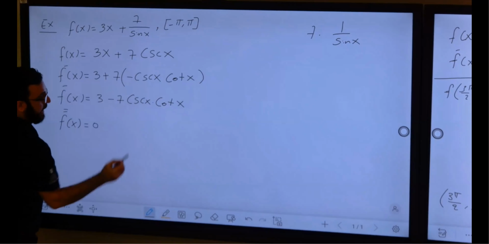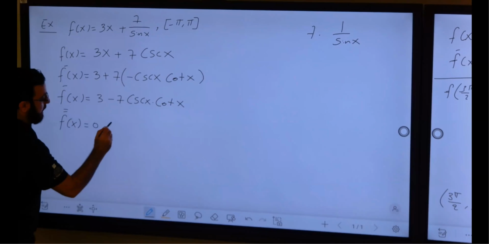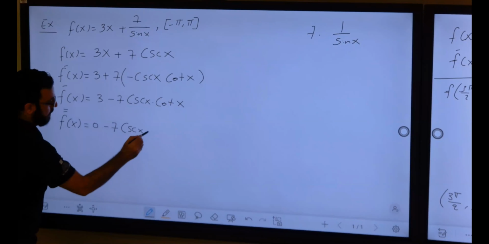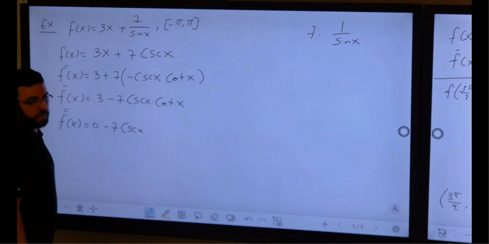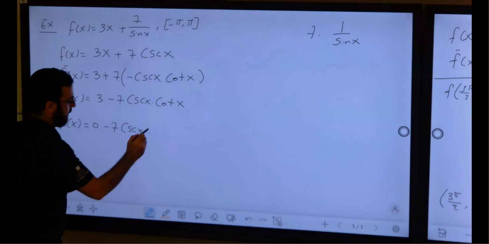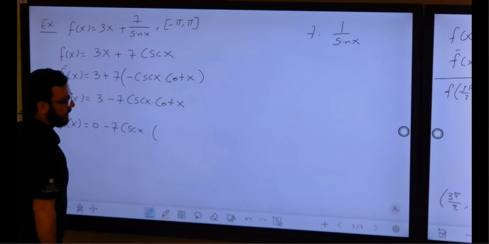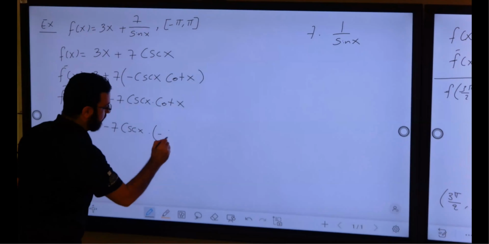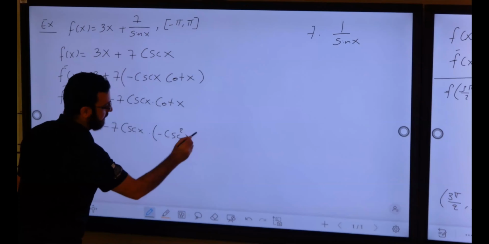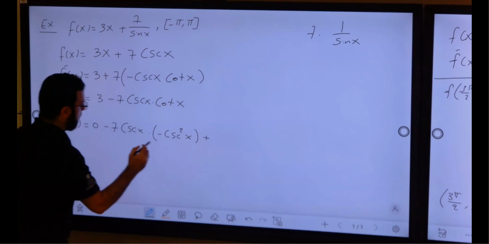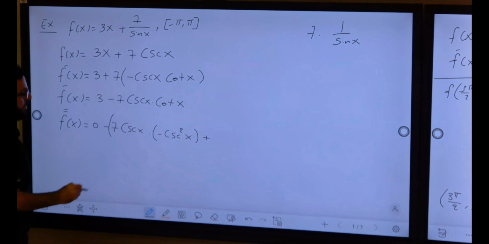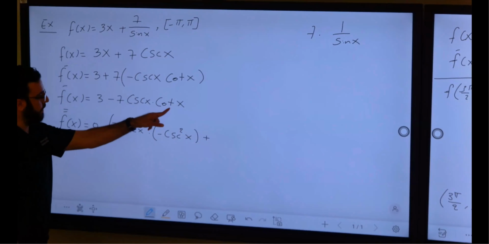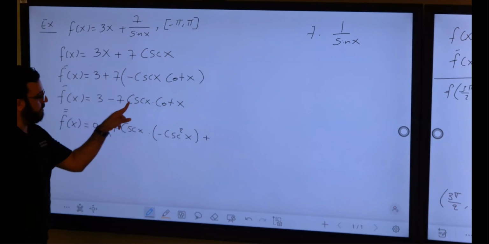Now let's look here. It's a product, right? So -7, the first one times the derivative of cotangent. What's the derivative of cotangent? Negative cosecant squared x. Negative cosecant squared x plus, keep the negative out, the first one times the derivative here plus the second one times the derivative here.